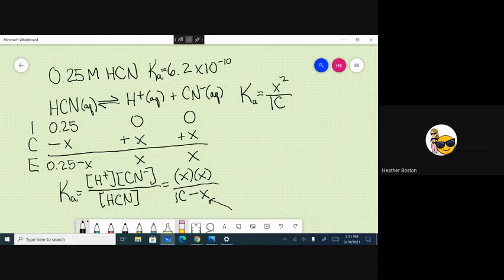The Ka is so small that we know we would not need to include that. So it's going to be X squared over 0.25 every single time. And that's going to equal 6.2 times 10 to the minus 10.